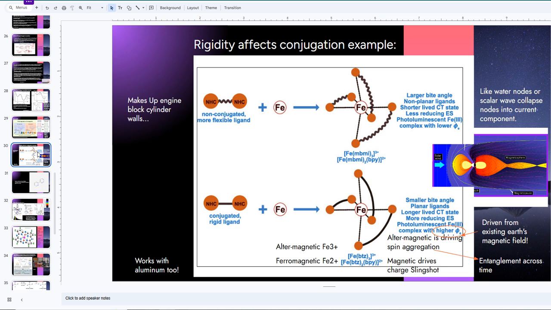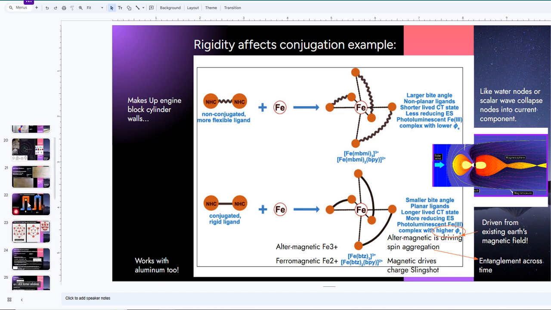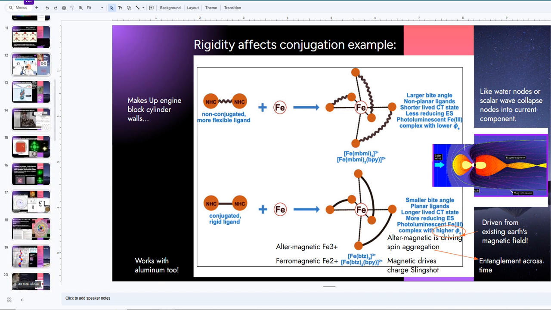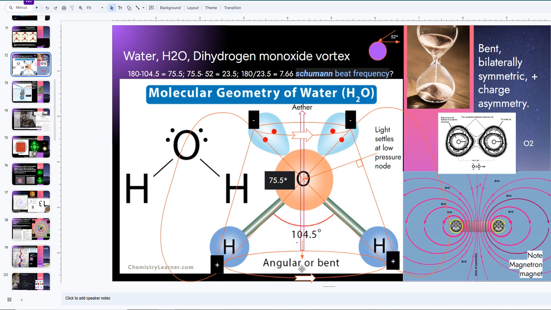So this is where it gets interesting. So we have an altermagnetic Fe3+ and a ferromagnetic Fe2+. So this is like a magnet. It's like driving a slingshot. So each water molecule, going back up to the water molecule, it's like a slingshot.